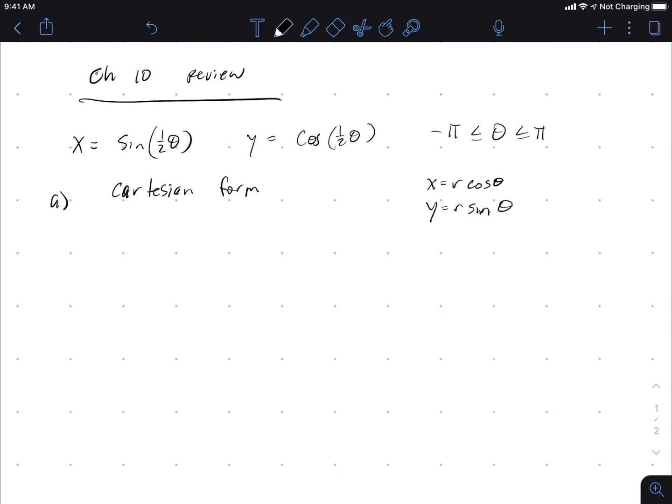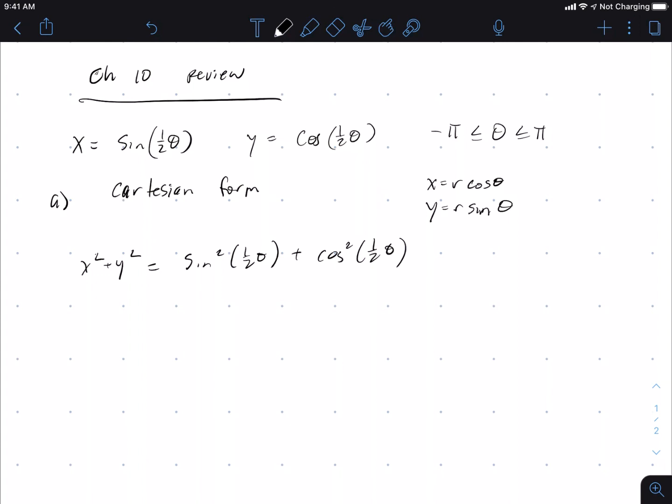But one of the things that I would do is, because they're giving me it in terms of sine and cosine, couldn't I manipulate this in a way that makes my life easy by saying, hey, x squared plus y squared would be equal to sine squared 1/2 theta plus cosine squared 1/2 theta, right?